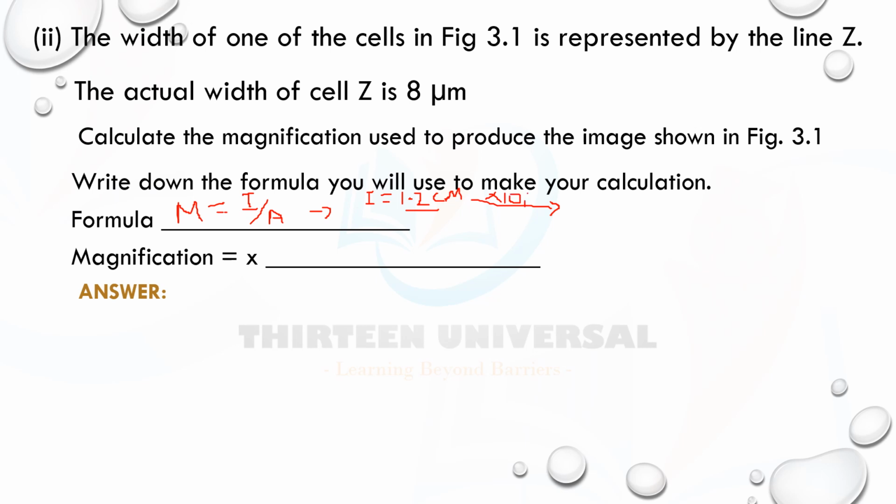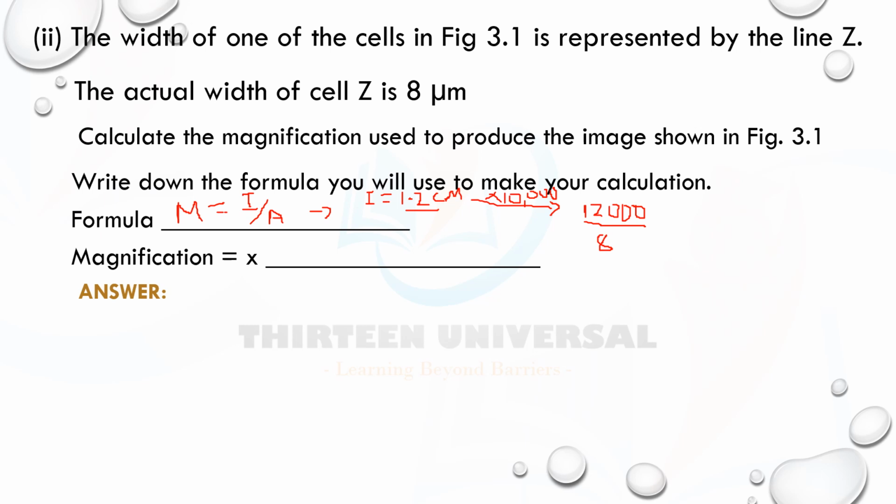So you multiply the value by 10,000 to convert it to micrometers. So that will be 12,000. Is that okay? So 12,000 is our image size. So what should be our magnification then? That is image size over actual. Actual is 8. Okay, so get your calculator, punch your calculator.